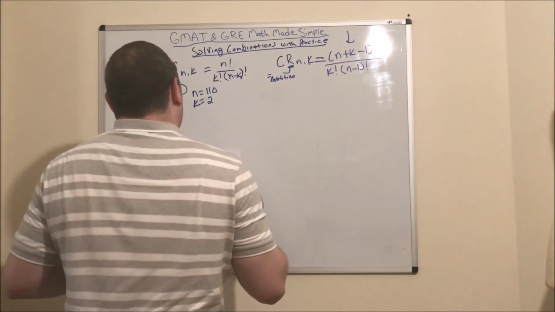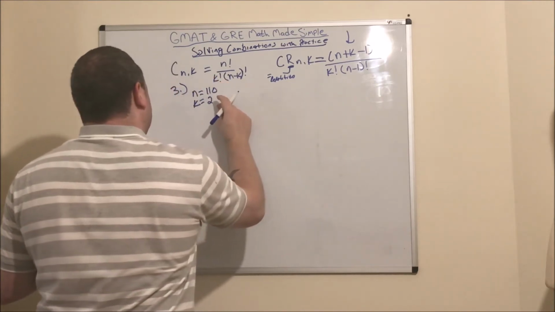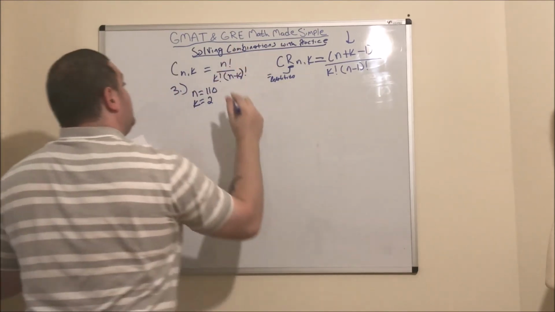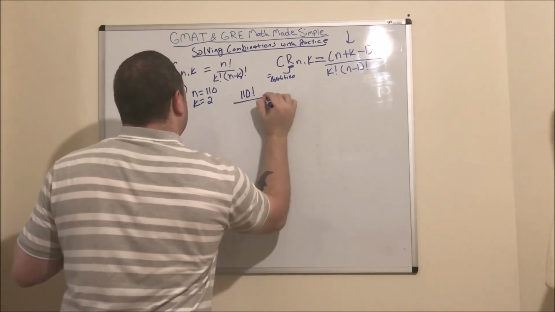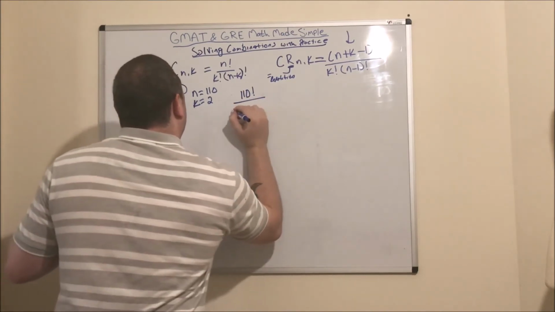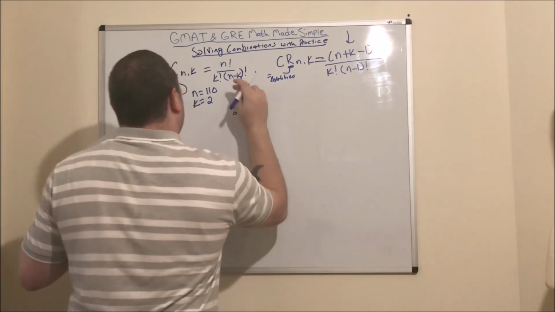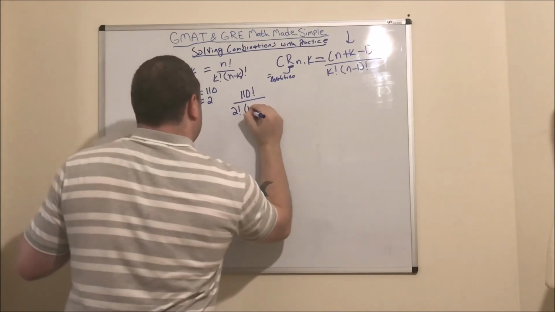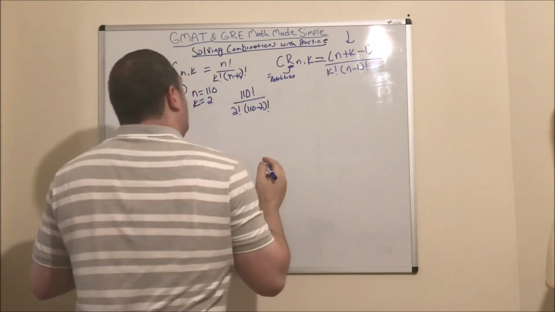Now, let's substitute the values we were given into here. So we have 110 factorial divided by 2 factorial times (110 minus 2) factorial.